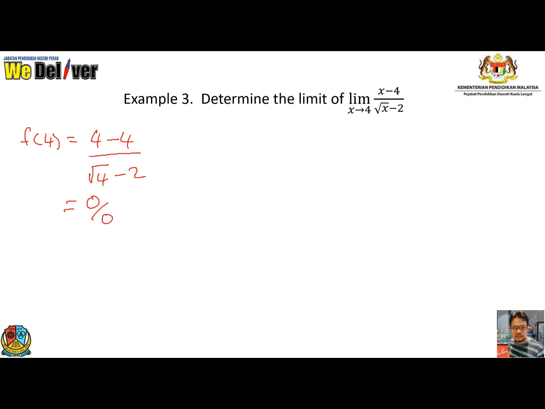So to find the limit when x approaches 4 of (x minus 4) over (square root of x minus 2), we have to rationalize the denominator. How to rationalize?